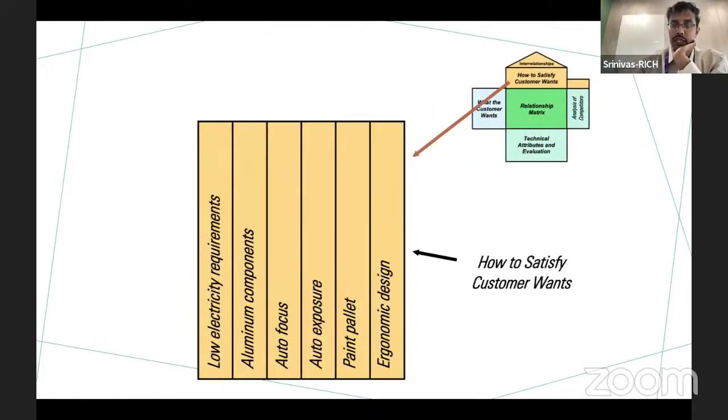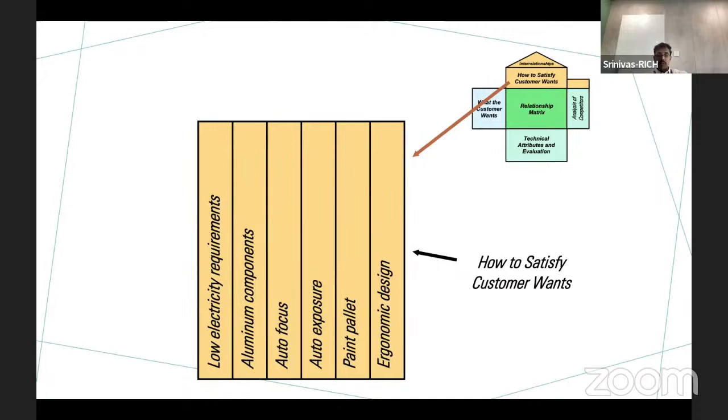Okay. Then we look at how we can satisfy these consumer wants. So for longer life, we need lower electricity consumption. We need to make sure for light weight, it's made out of aluminum or plastic, but then aluminum may be more durable than plastic.